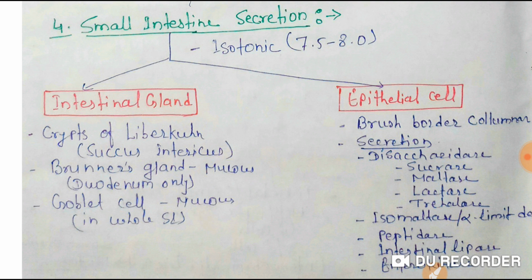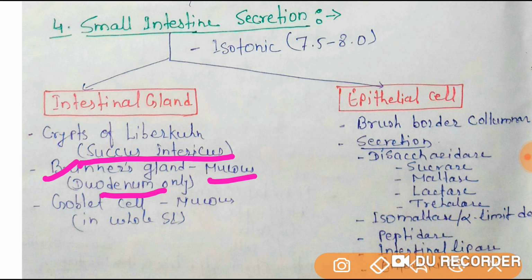The intestinal gland secretion includes the crypts of Lieberkuhn, which secrete a secretion known as succus entericus, and the Brunner's glands, which are only present in the duodenum and have mucus secretion, and the goblet cells throughout the whole GIT, the whole small intestine, which are also mucus in nature.